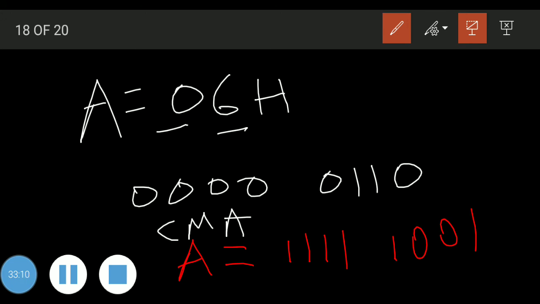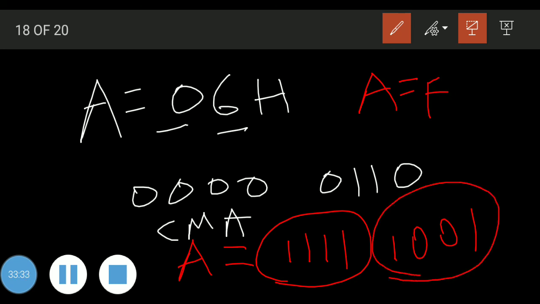It was one simple example. Like this, many instructions are there in implicit or implied addressing mode, where the content of the accumulator will get changed in this way. This 1 1 1 1 will be F. This 1 0 0 1 will become 9. So 06H will be converted into F9H if I use CMA.